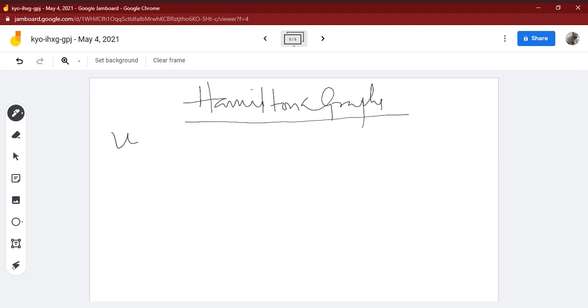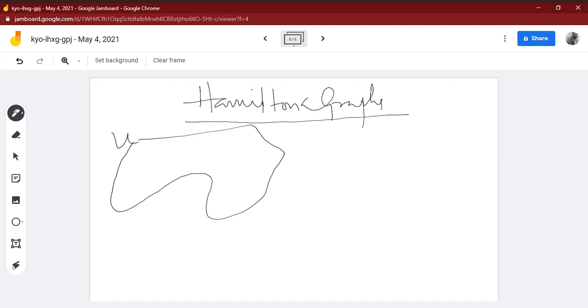This will repeat because you have to go around and come again to that vertex. Is that clear? The begin vertex and the end vertex must be the same. So this is the Hamiltonian cycle.